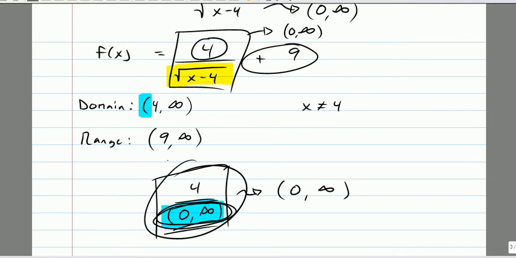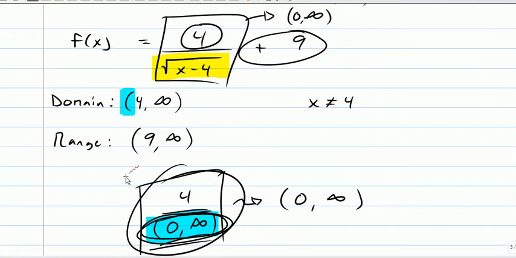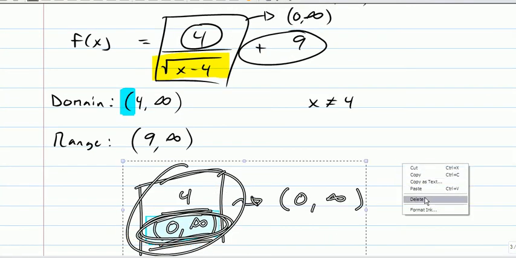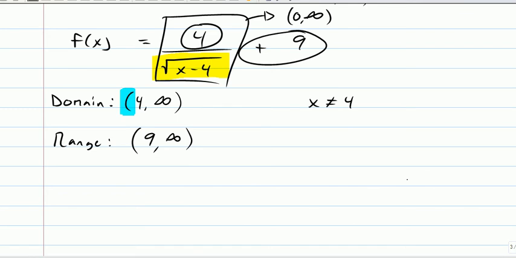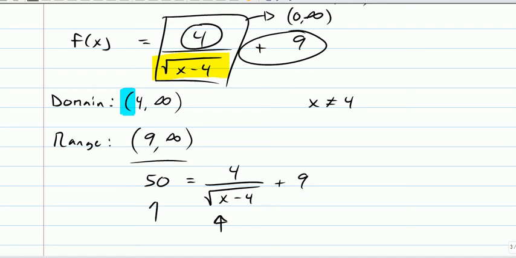Here's another way to go about it. Let me show you algebraically why we don't want to include 9 in the range. Let's pick a number in here. Let's pick 50. That means 50 equals 4 over square root x minus 4, plus 9. Is there an x that you could pick that would produce 50?